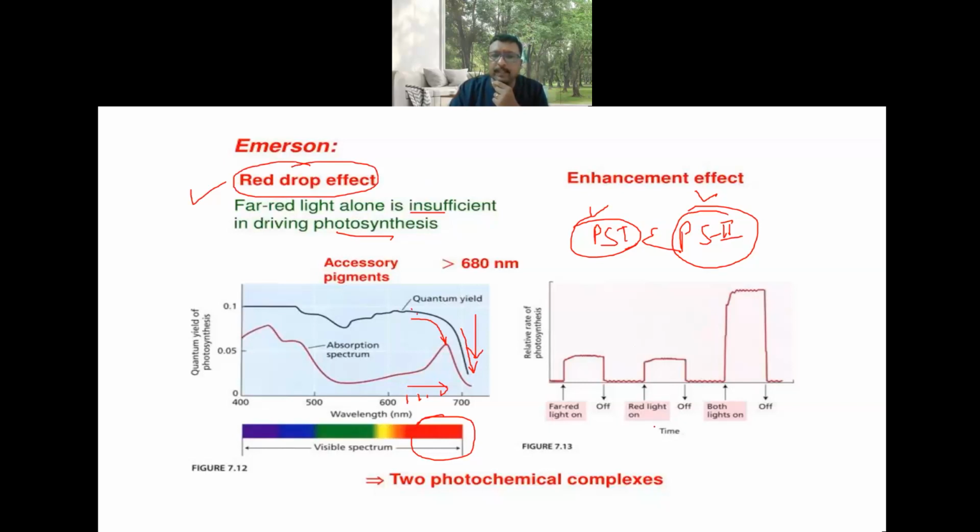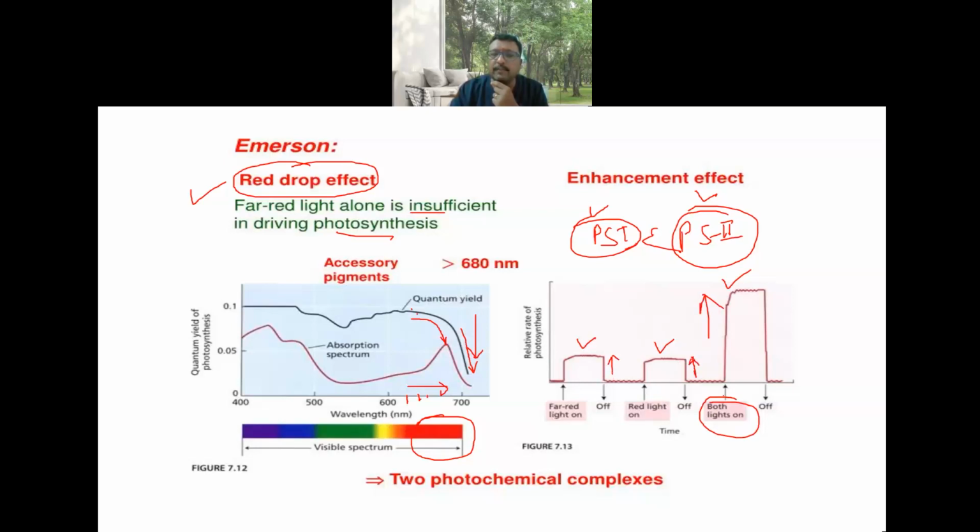Whereas when light lower than 680 nm and above 680 nm were used simultaneously, when both the lights were used, what was happening here? The photosynthetic rate increased drastically. When they were used singly, the photosynthetic rate was less.